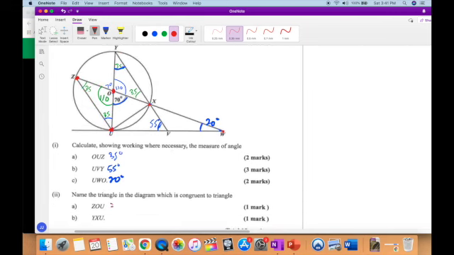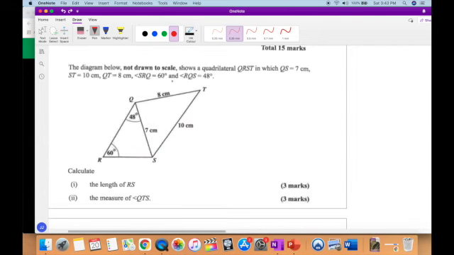So the answer for this one is XOY and YXU. Oh god, this is really easy. XU is the same as this here. Those two are congruent because they are subtended by the same chord. So therefore that is equal to UXZ. Yeah? UXZ, that big triangle there.